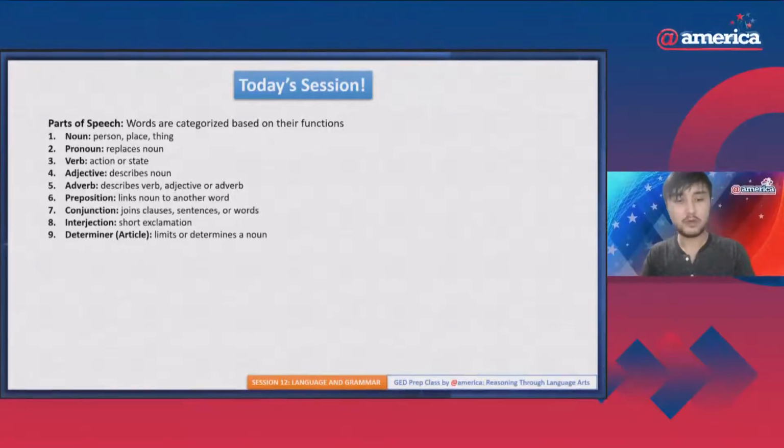So parts of speech in any language, as I said in the previous session, words are categorized based on their function in the language. It doesn't really matter what sentence you use.